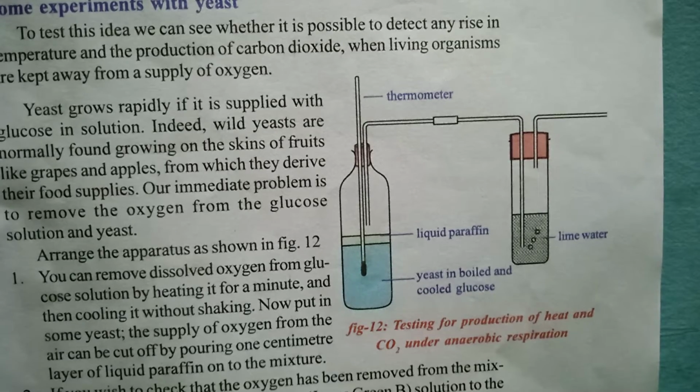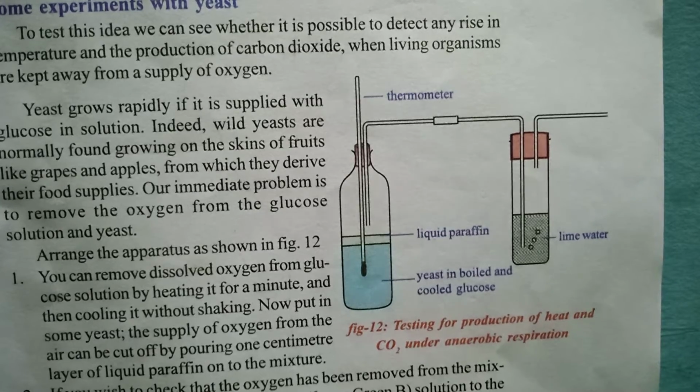Now we are adding yeast cells to the glucose solution. After that we need to add what? Liquid paraffin or wax on the glucose solution. Liquid paraffin acts as a barrier between the air present in the bottle and the glucose solution.